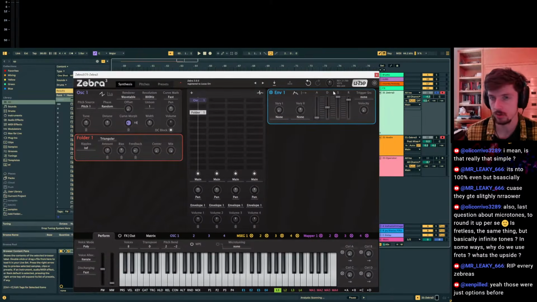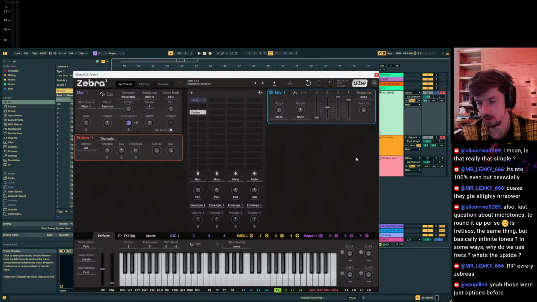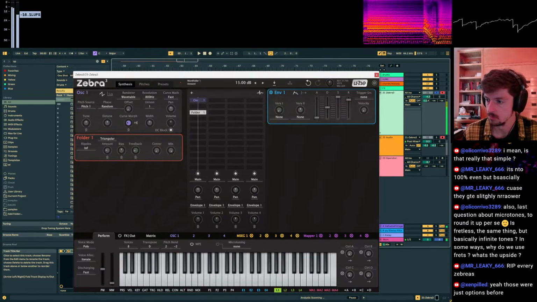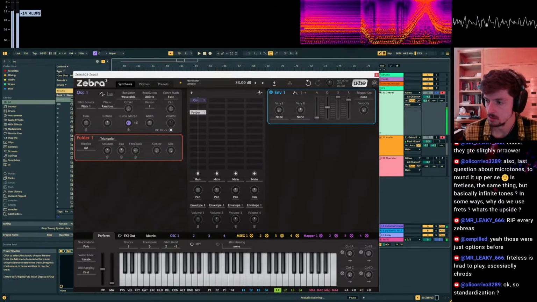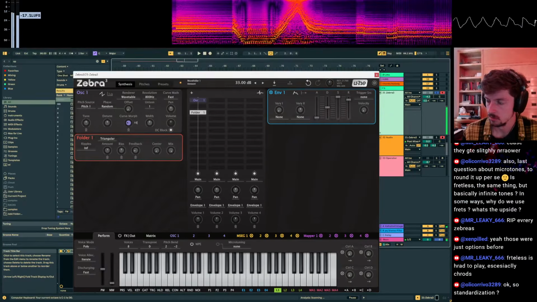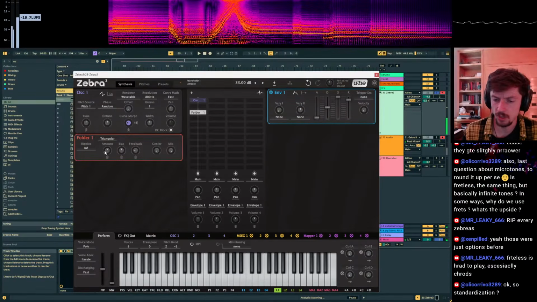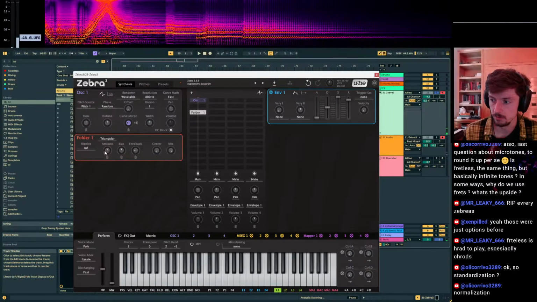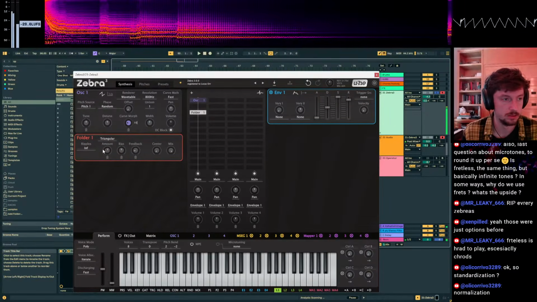It's one of the reasons why violin is really hard, right? Because you're working with a continuous spectrum. Standardization, and also it's just really difficult, right? It's just really hard.